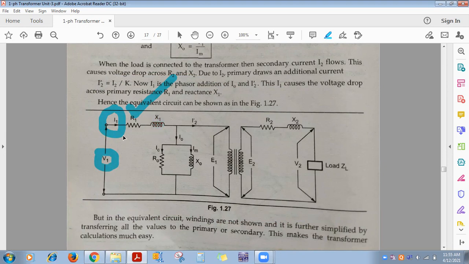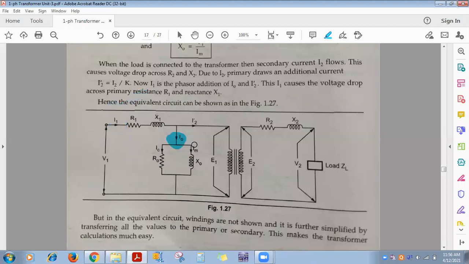The total current flowing here is the addition of no load current I0 plus I2 dash. I2 dash, I told you, when you connect some load, then I2 dash starts to flow. Otherwise, only I0 will flow. At no load, I1 and I0 will be equal. And as you load the transformer, I1 will be equal to I0 plus I2 dash.